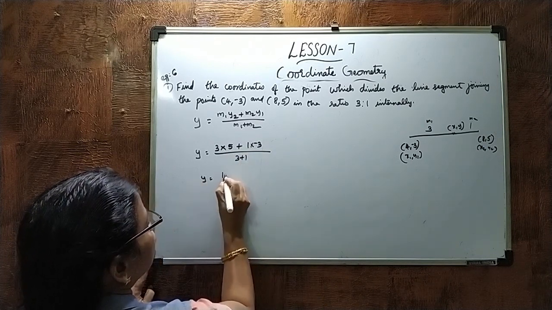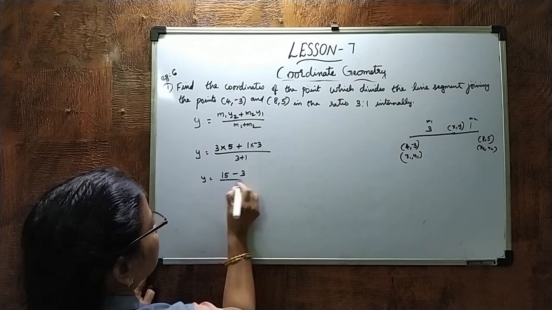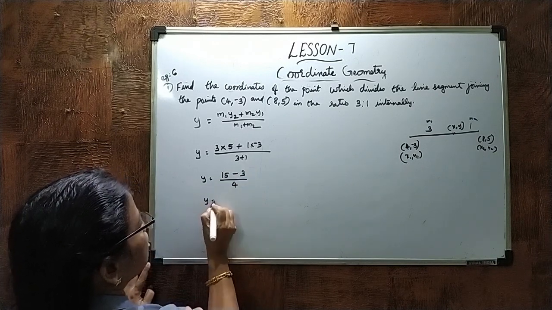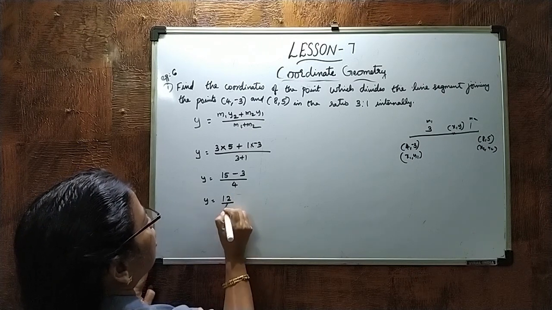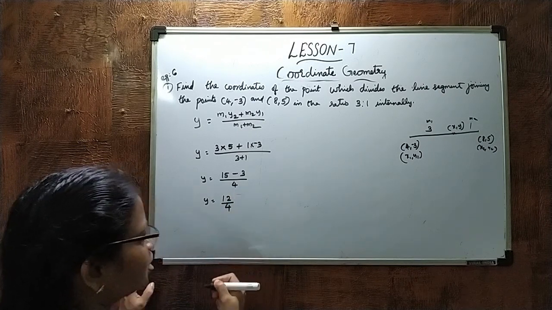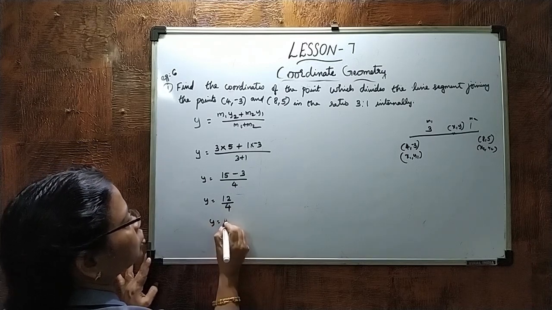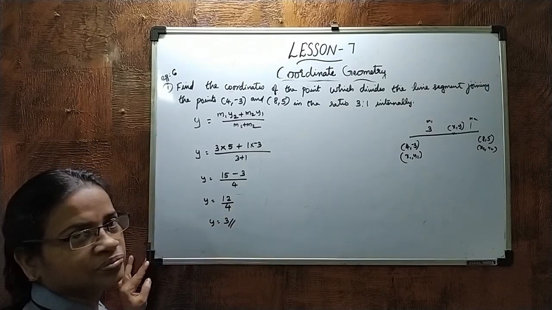So y is equal to (15 minus 3) divided by 4, which is 12 divided by 4. So y is equal to 3 you will get.